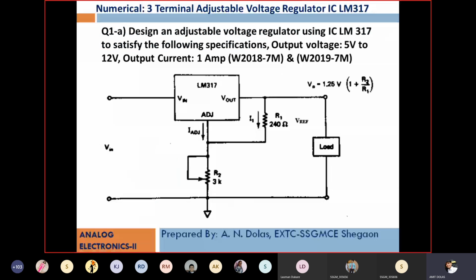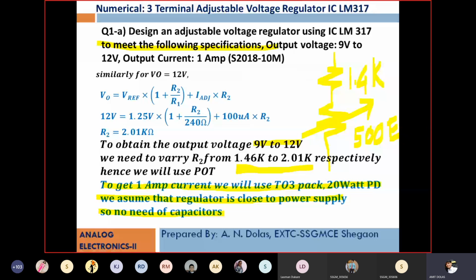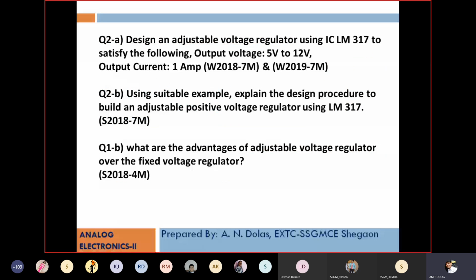So here we solved all three problems that came in all three papers, summer 18, winter 18 and winter 19, and this is the simplest topic in this unit. Another question, this I have already mentioned, and I mention it here because it is repeated twice.